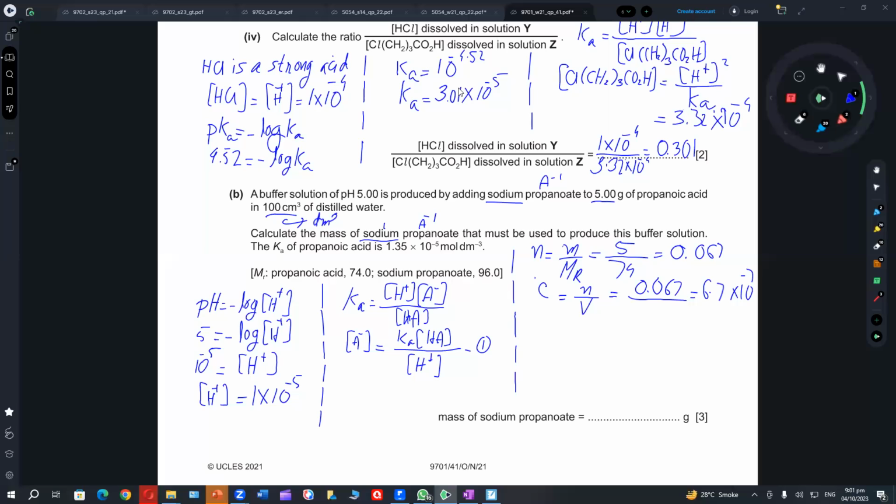So we have the concentration of the acid. Then we can put it in equation number 1. We have the value of Ka, we have the value of HA, and we have the value of H plus. If we put all the values, we can find the concentration.